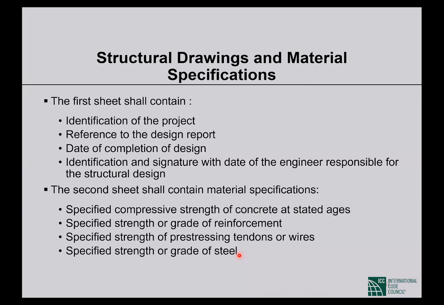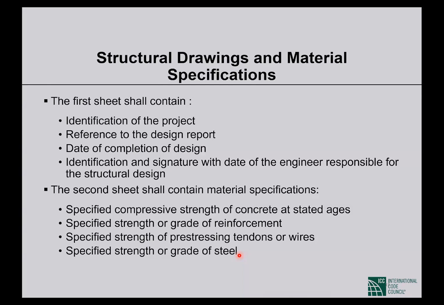For example, we need the 7-day strength of concrete so that we can decide if we can remove the props or not, things like that. Or in case of pre-stressed concrete, that is very important, when we can jack the concrete. So we need initial strength, things like that.